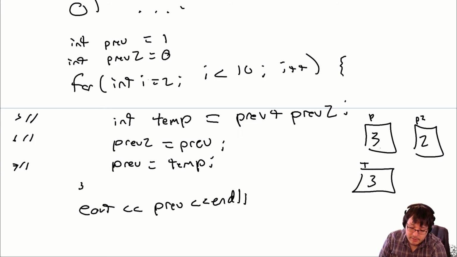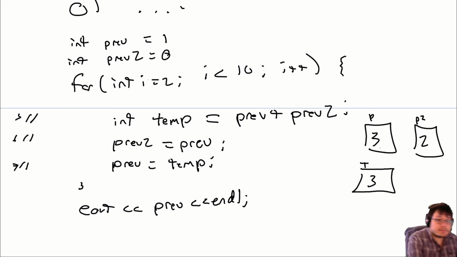You won't see it in temp because that's a local variable, but you would in previous. And I might be off in the for loop by 1. I might have to do one more iteration. I don't know. The way that I set this up, I think it's okay, but we can test it really fast by running the code.